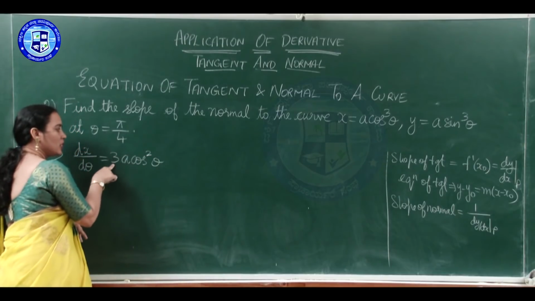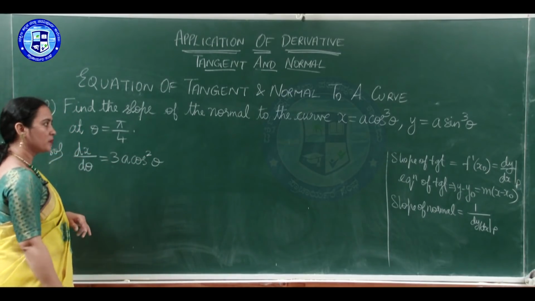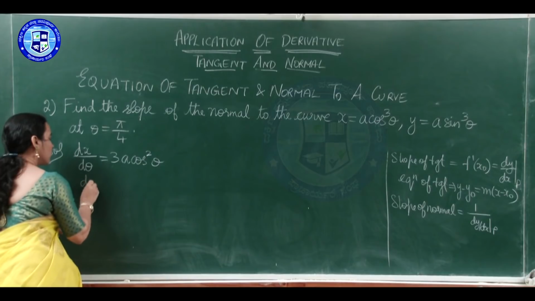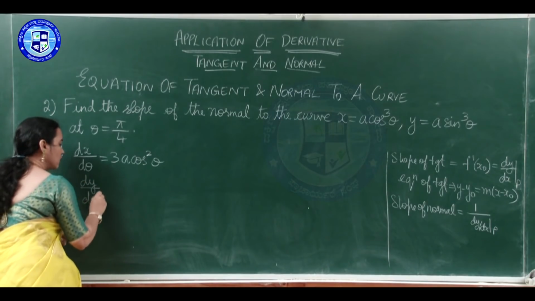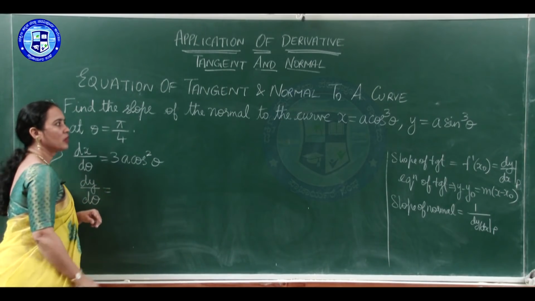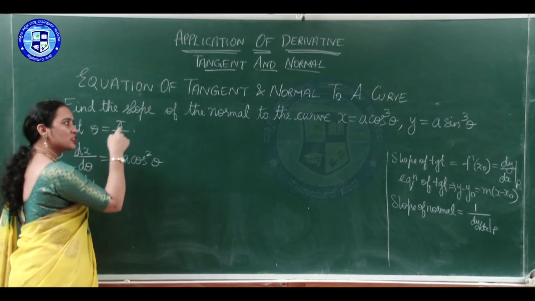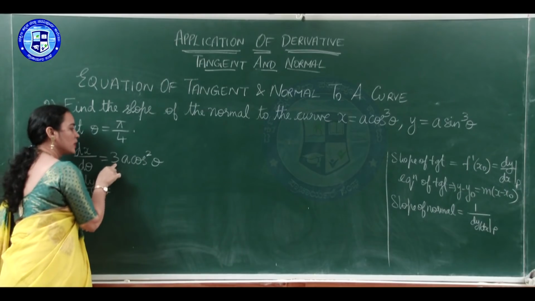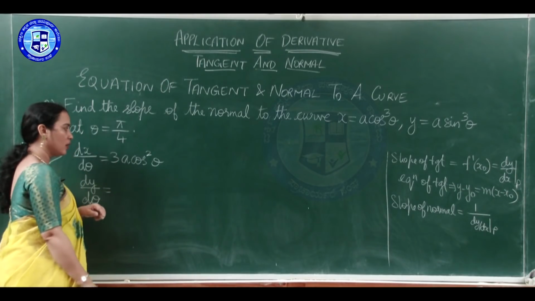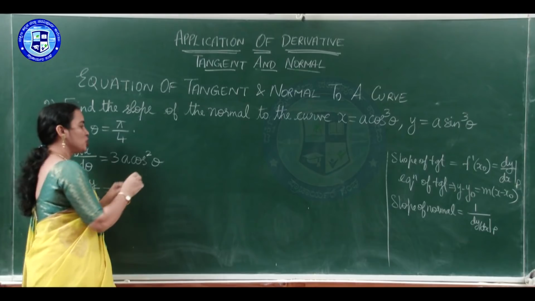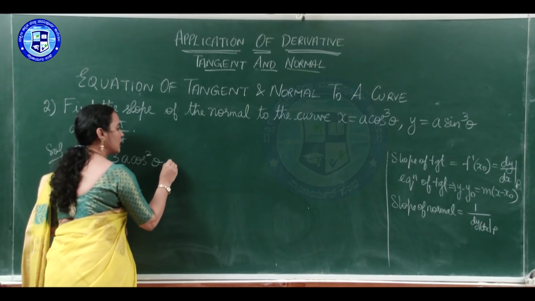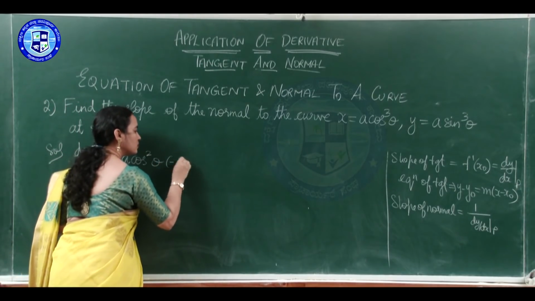So, it will be 3a cos square theta. Similarly, find dy by d theta. Now, here dx by d theta is, first you are bringing the power down, you will get 3a cos square theta. Then again when you differentiate cos theta, you will be getting minus sin theta.